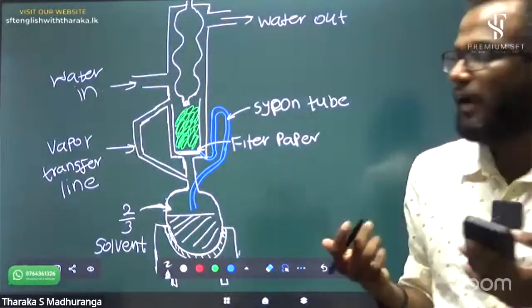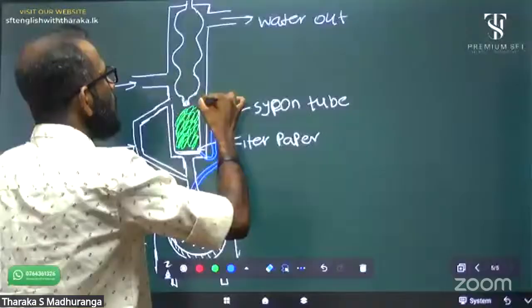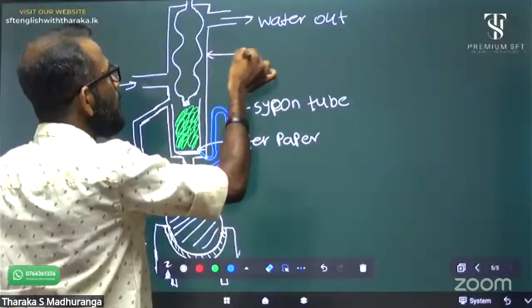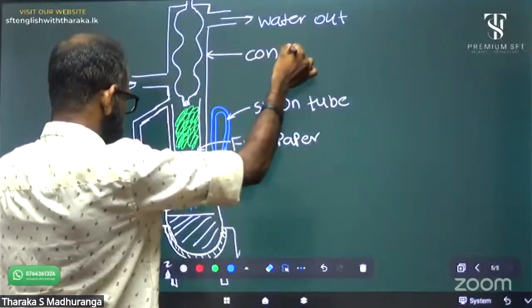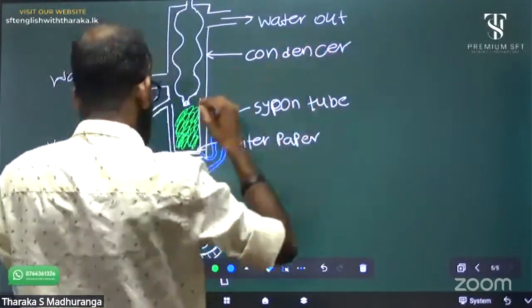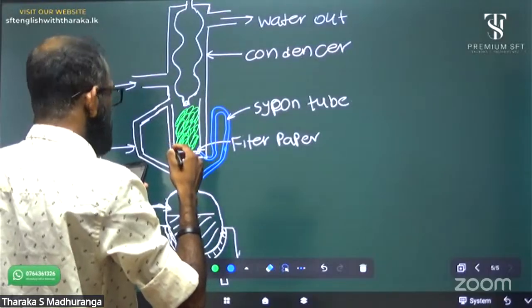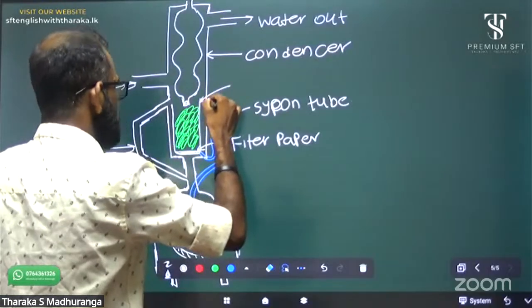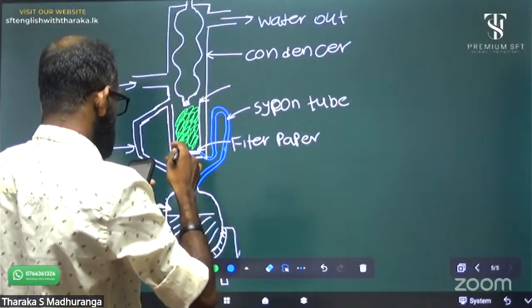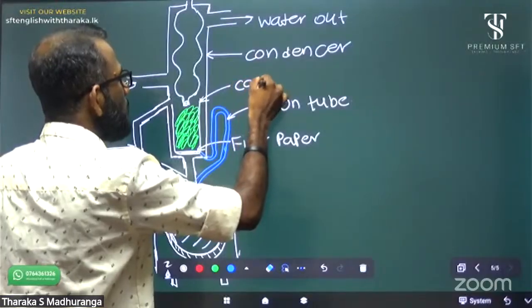Right? And they are the plant material. Let's label. This is a condenser. And this is the capsule.